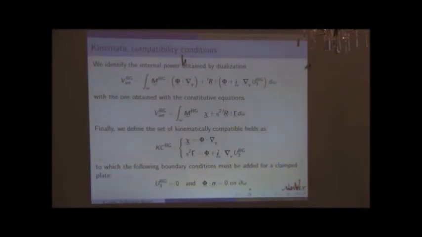I will use indices notation. We had the curvature was phi alpha symmetrized. Okay? This was the Reissner's curvature. Then we had the shear strain, which was the difference between the slope and the slope of the midplane and the slope of the normal fiber. Okay? So this is really easy to understand.